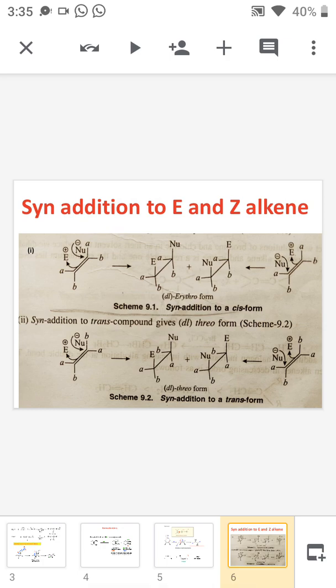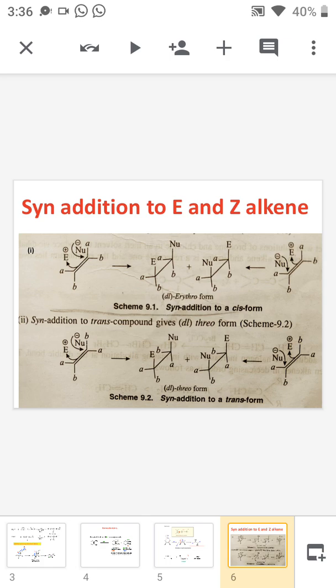Next we are discussing the addition reaction, that means syn addition to E and Z alkenes. We know that in an unsymmetrical alkene two isomers exist. One is the Z isomer, the second one is the E isomer. The Z isomer means both the substituents of the alkene are on the same side, and in the E isomer both the substituents are on opposite sides.